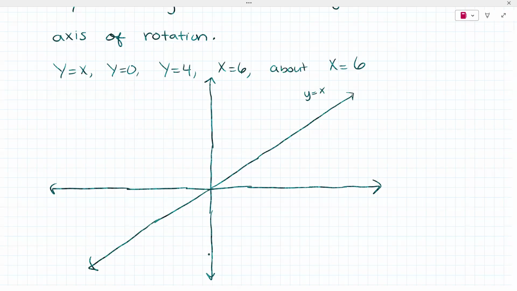y equals x. Let's see, y equals 4 is 1, 2, 3, 4. It would look something like this.